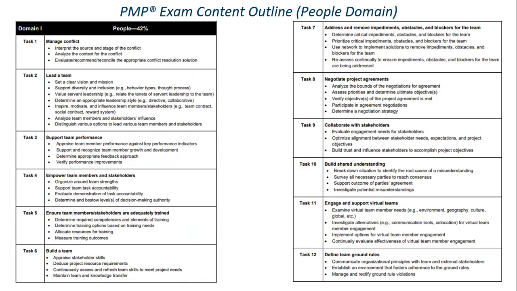The PMP exam content outline, if you've not read it, is the book on which the exam blueprint is founded. In fact, it is the blueprint for the exam. So if you are at a loss for how to study, what to study, you need to be in a course similar to Project Management Masterclass, where we go over every single task in every single domain in a lot of depth from both an agile perspective, a hybrid perspective, and a predictive perspective.